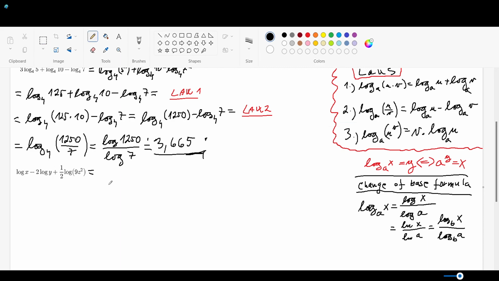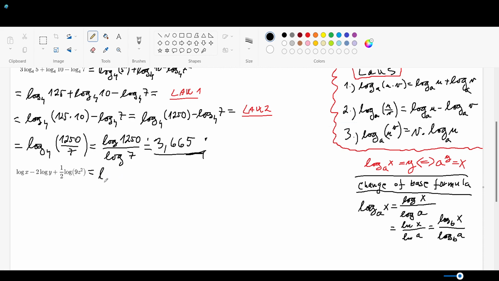So this one is equal to, what you can do here now is take the second expression and use law number 3.